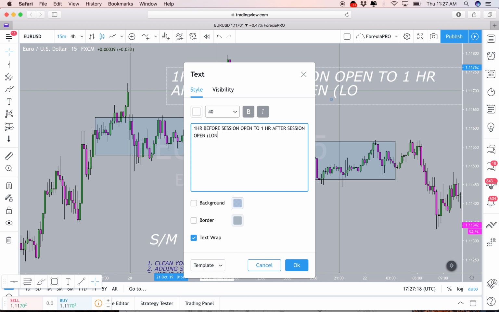This is London and New York session. Keep this in mind: 1 hour before London session open or New York session open, or 1 hour after London session open or New York session open is when you should be looking for your opportunity to enter a trade.